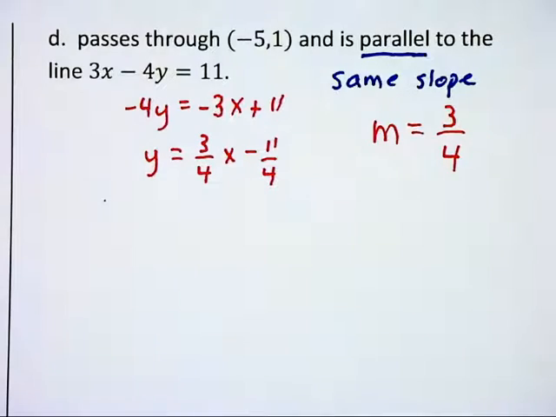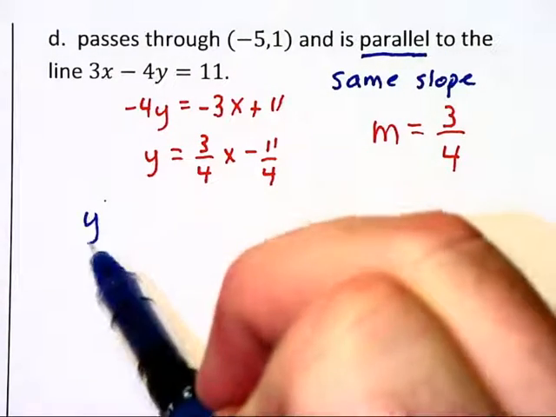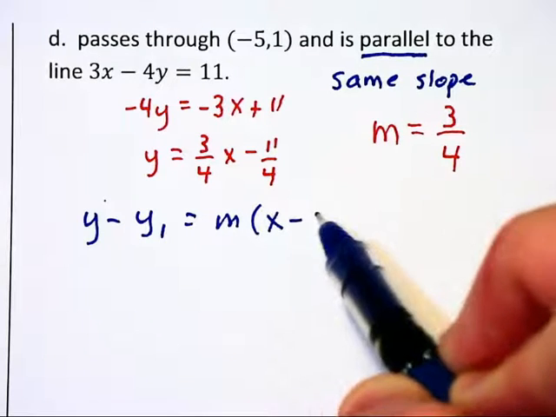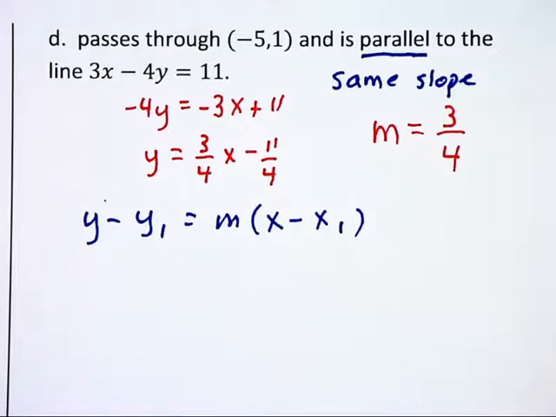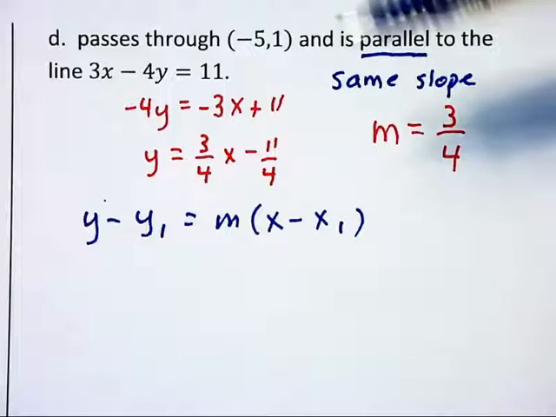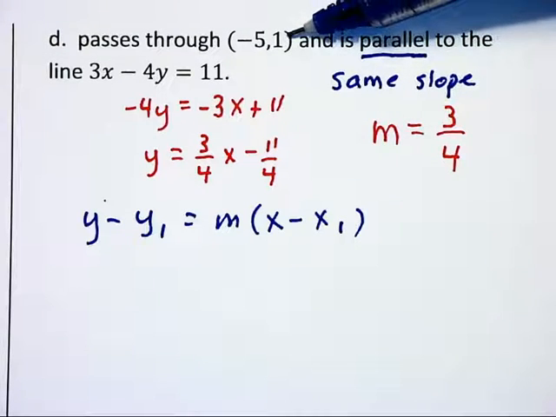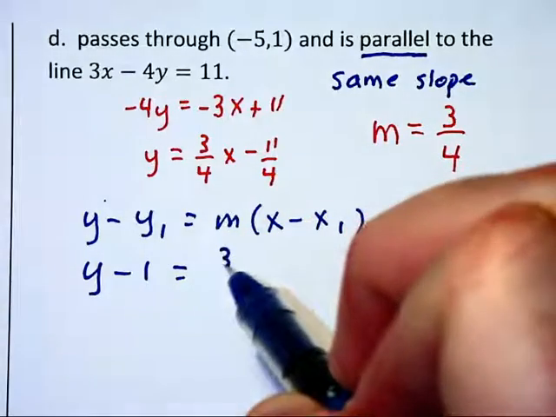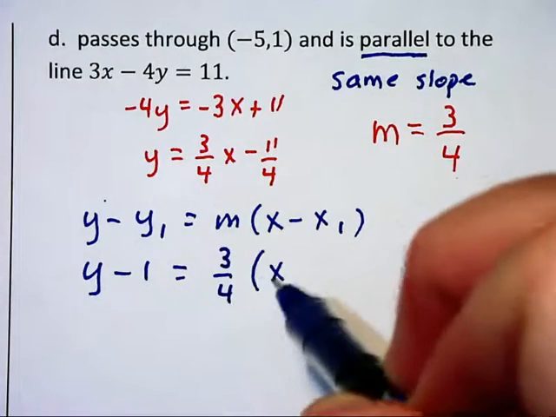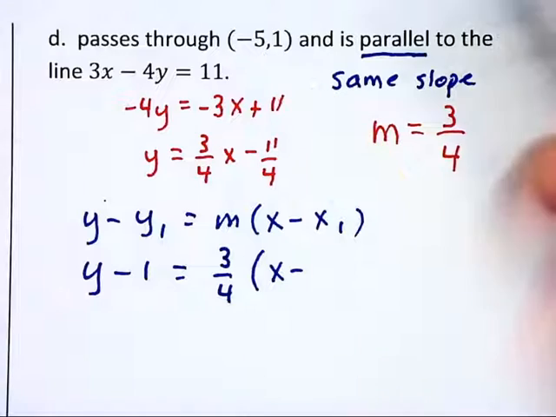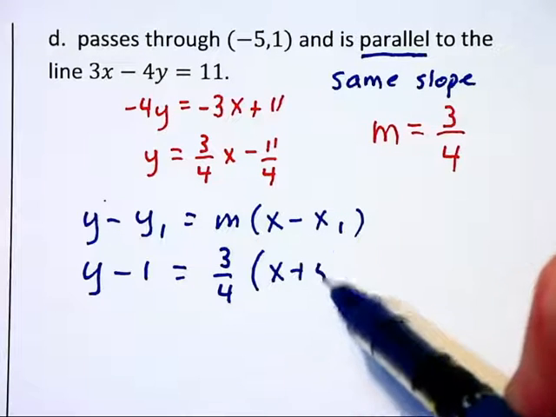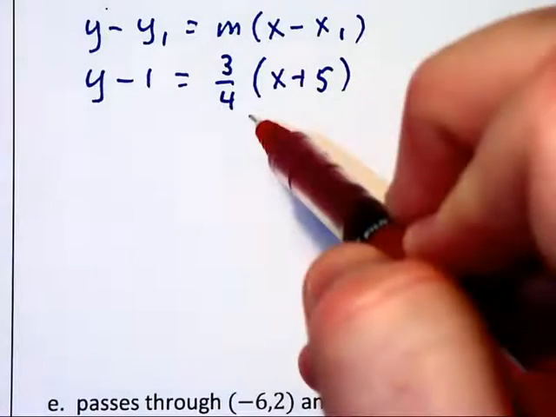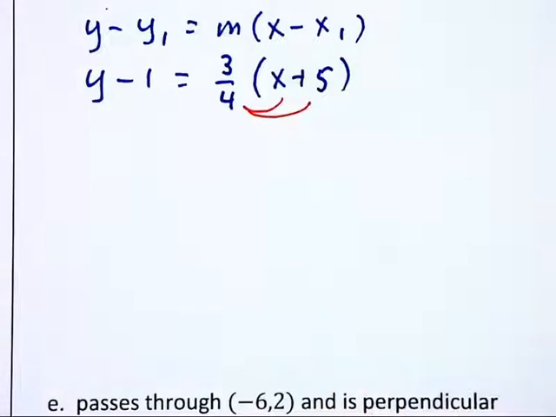And now we would use the point slope formula, and again, the more often you write it out, the better ingrained it will become in your head. So y minus y1 will become y minus 1 up here from the point is equal to 3/4 times x minus a -5, which becomes x plus 5. Now we just need to move into the form they want it in, and they want it in slope-intercept form.